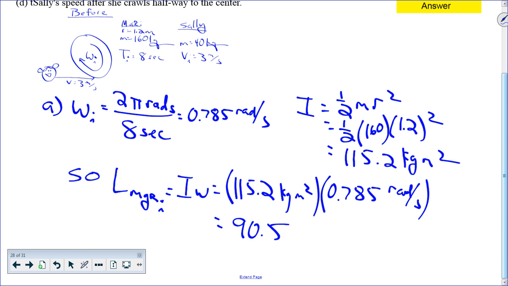All right, so here, this is an important thing, you guys. The units for angular momentum are not the same as the units for regular momentum. Regular momentum would be kilograms times meters per second, right? This gives us kilograms times meters squared per second. All right, and the radians magically disappear. We'll leave it at that.